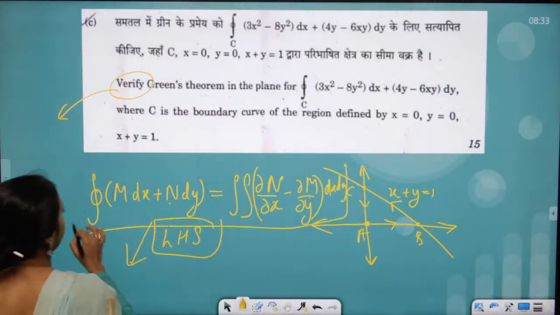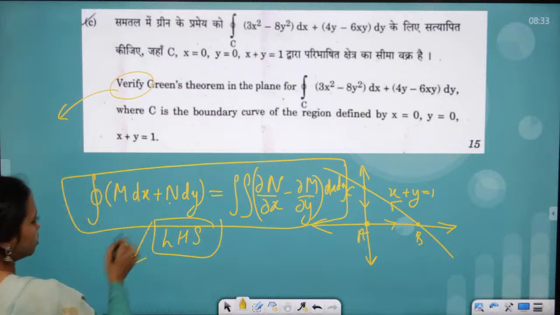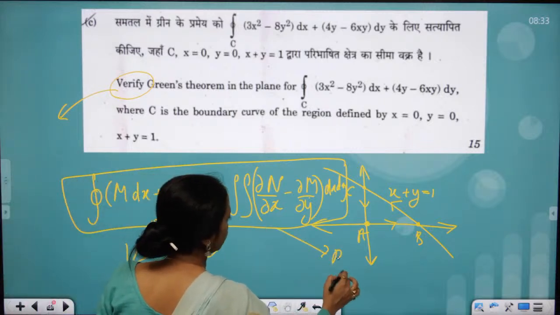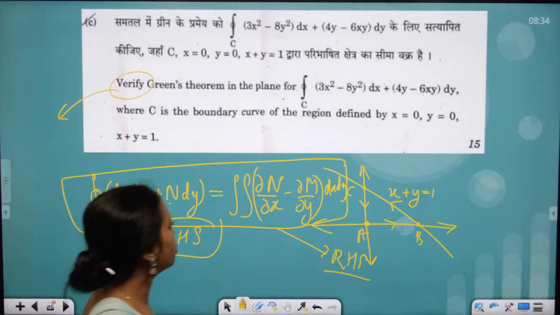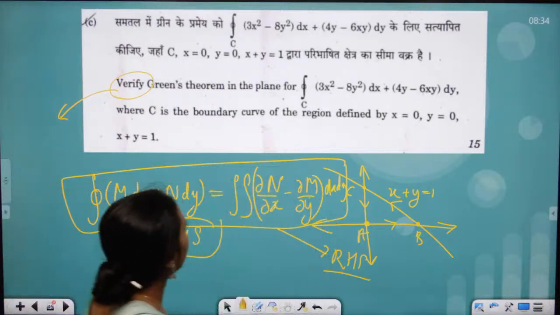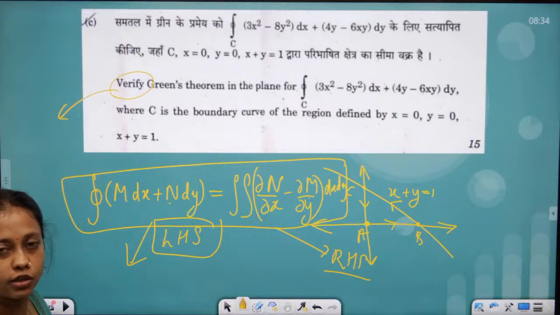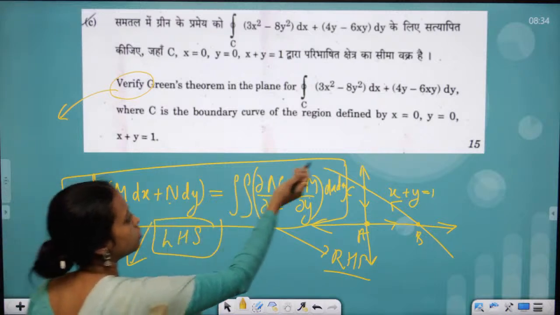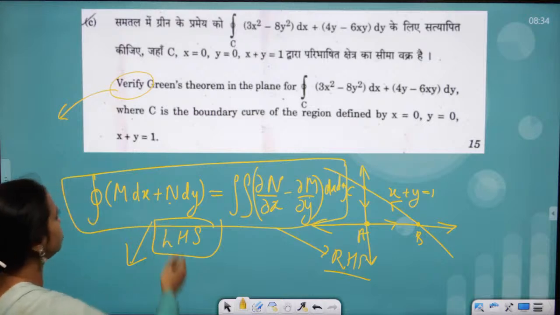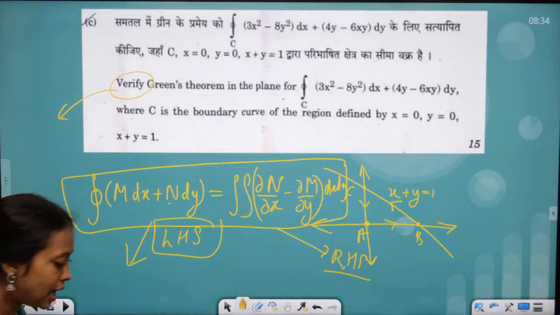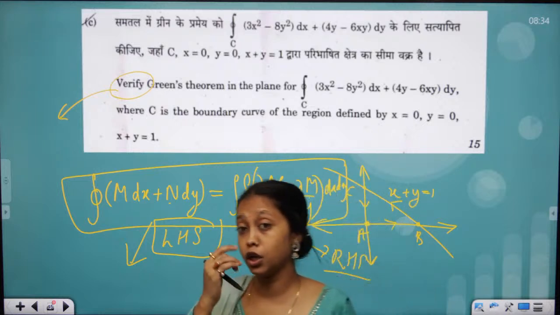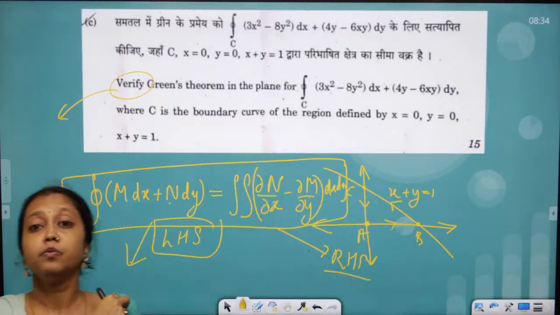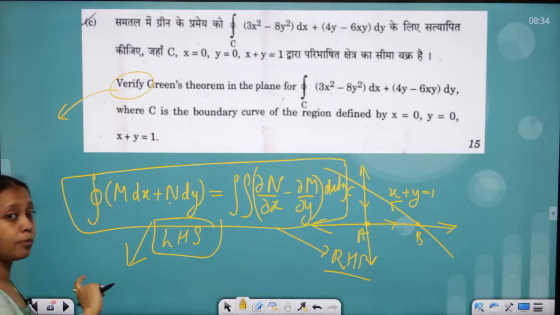This is your statement of Green's theorem. You have to solve the left hand side, you have to solve the right hand side, and done. So a basic application. And the region was not difficult. See, it was very easy to draw these lines: x is equal to 0, y is equal to 0, and x plus y is equal to 1. In Stokes theorem and Gauss theorem, they can make the question difficult if the surface they are taking is, for example, an ellipsoid.